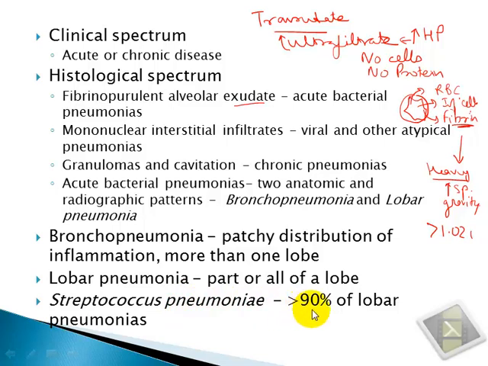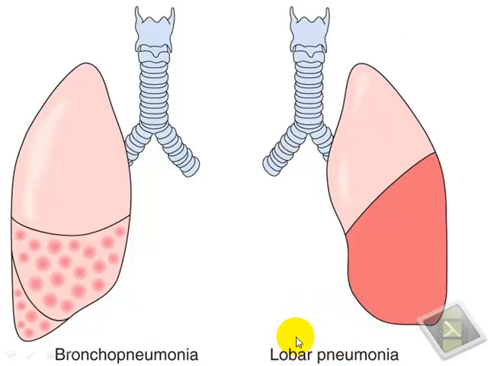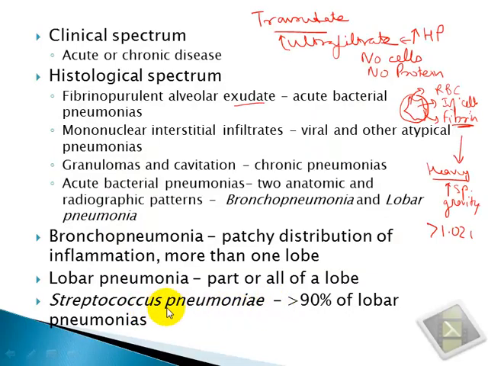So if you have to make a movie on lobar pneumonias, which hero will you cast? You will cast Streptococcus pneumoniae. That's the hero. And so we have given them a degree called pneumonia, because they are so much expert in causing pneumonia. So we have given them a degree called Streptococcus pneumonia.